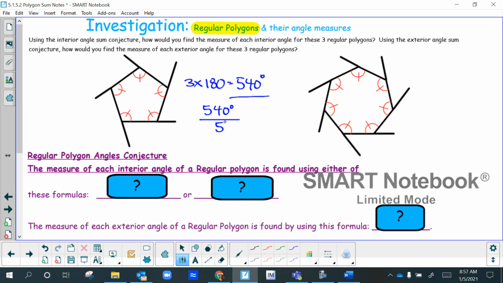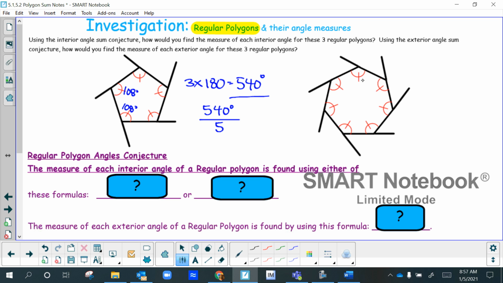You'll want to get your calculator and divide that. 540 divided by 5 equals 108. So each angle is 108 degrees. That's all you have to do, take the sum of the measures formula and divide it by 5.